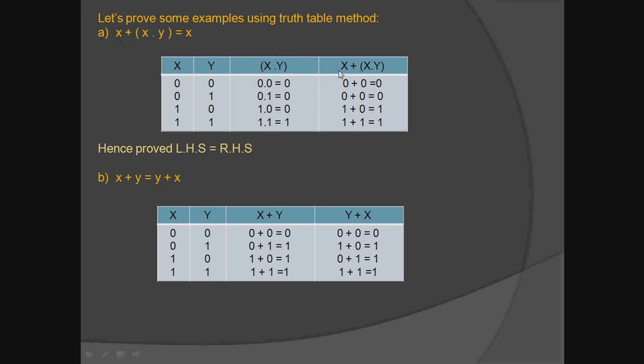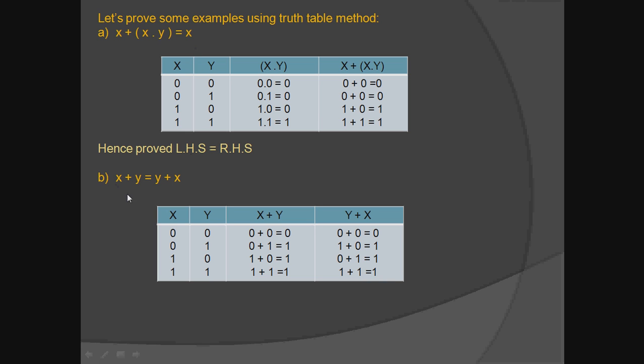Then finally we add the result with x. So x is 0, 0 plus the value we get here, 0, gives 0. Again 0 plus 0 we get 0, 1 plus 0 we get 1, and then 1 plus 1 we get 1. If you compare the left hand side and right hand side, both are same, so hence we prove this.